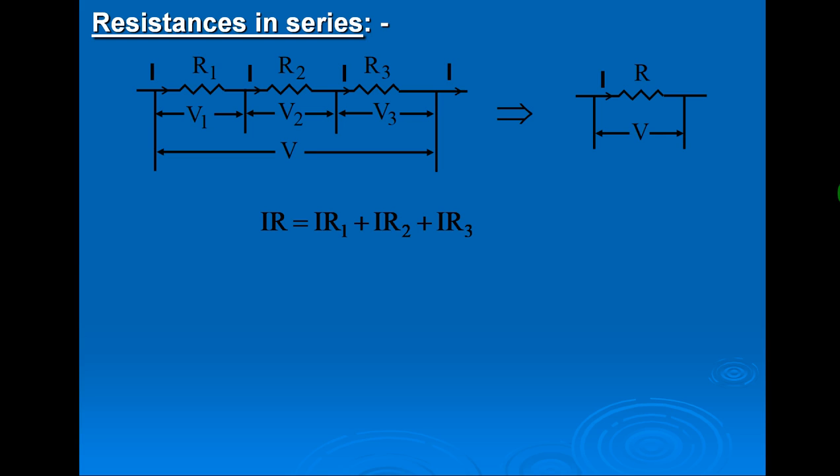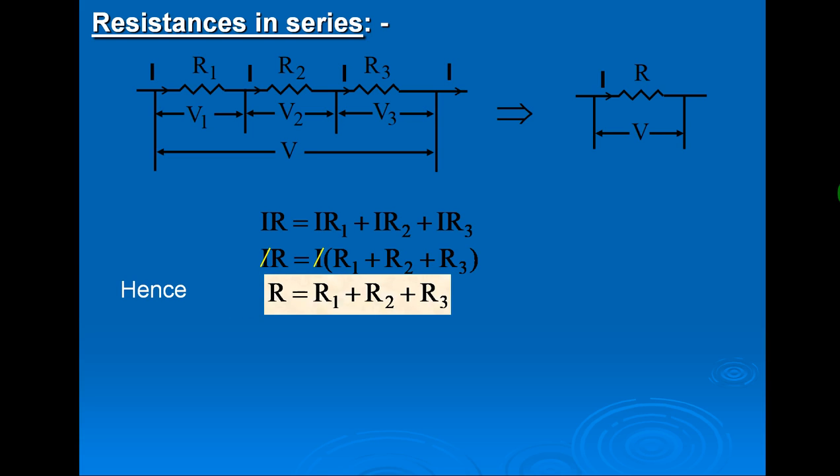On the right hand side, we can take I common. Therefore, IR is equal to I into R1 plus R2 plus R3. I and I cancel each other. Therefore, we get R is equal to R1 plus R2 plus R3.